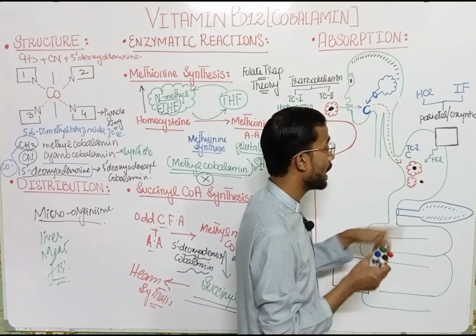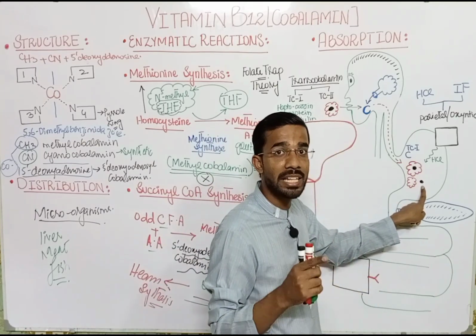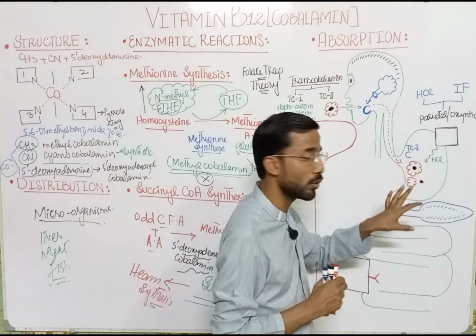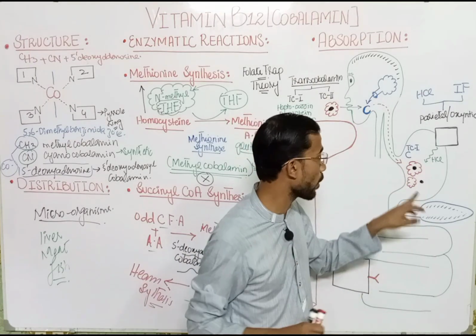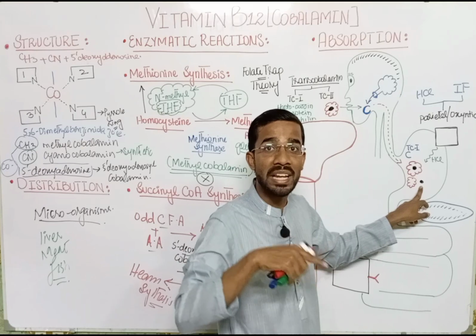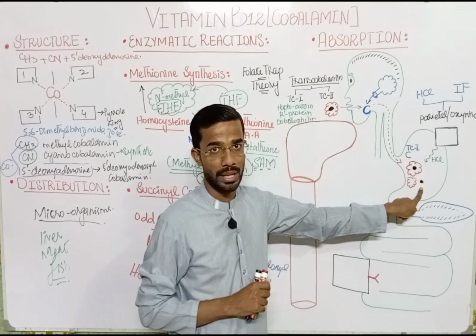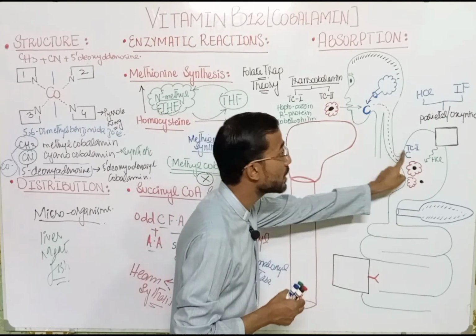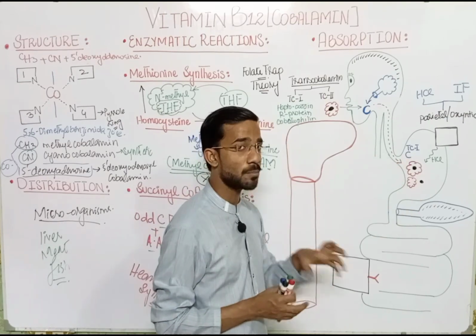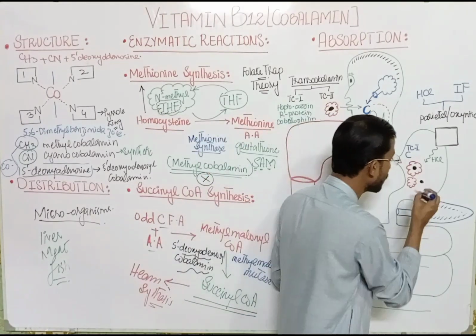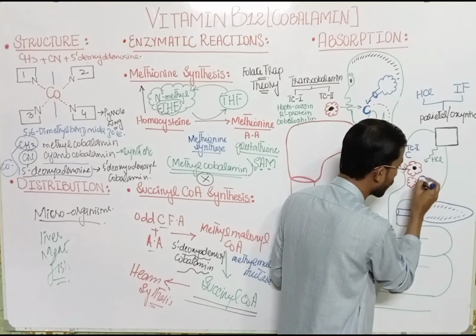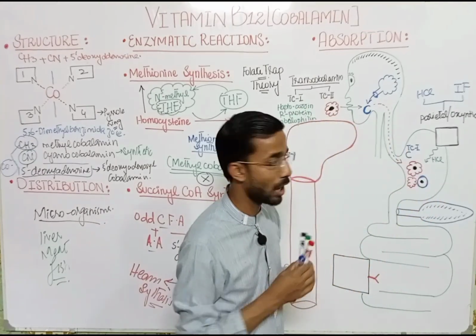Now the cobalamin that is separated from the food is vulnerable to the hydrochloric acid. It can be destroyed by the hydrochloric acid. So in that situation, the transcobalamin 1 that is present in the stomach surrounds this cobalamin. Now this is safe.